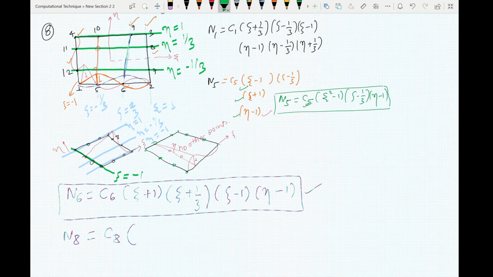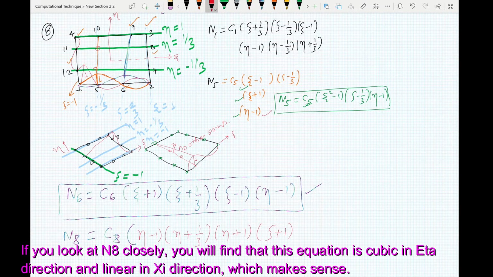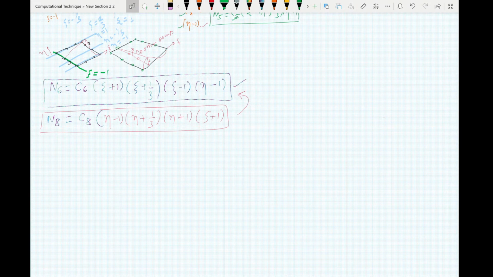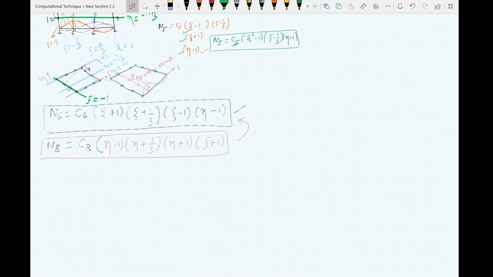Therefore you can write n8 as eta minus 1, eta plus 1 by 3, eta plus 1, and then xi plus 1. That's your n8. So this is how you can obtain your shape functions for 2D elements.